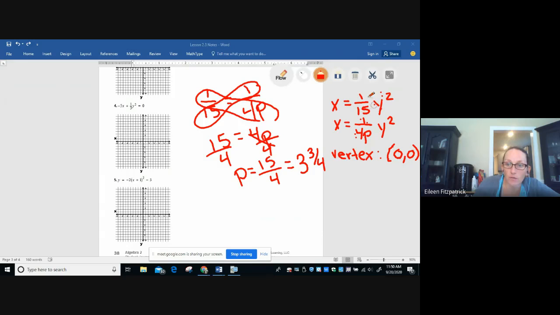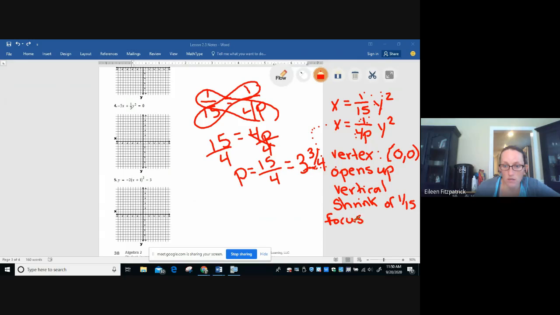The a value, remember the a value tells you it opens up and there's a vertical shrink of 1/15. Okay, we're going to talk about the focus, the directrix, and the axis of symmetry when we graph.